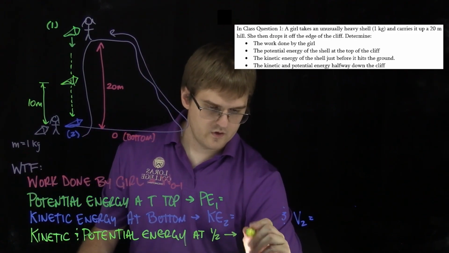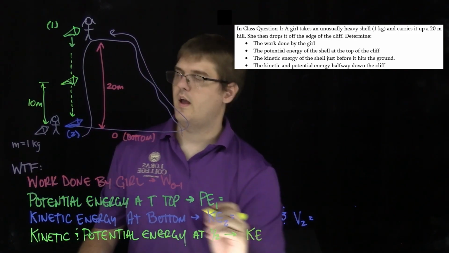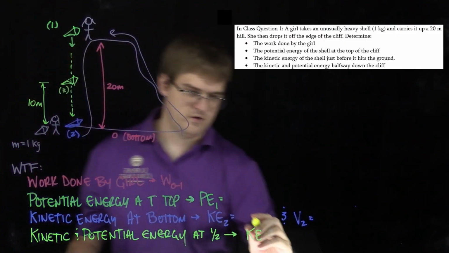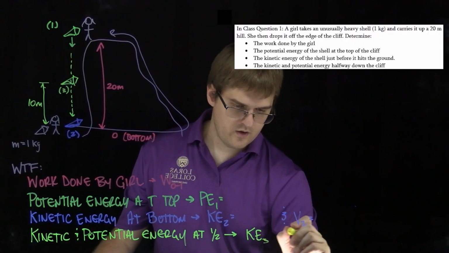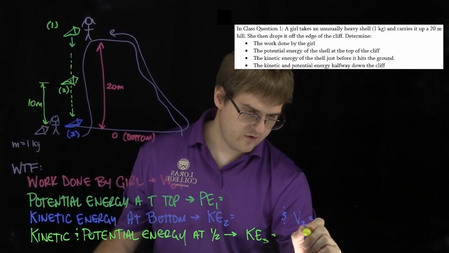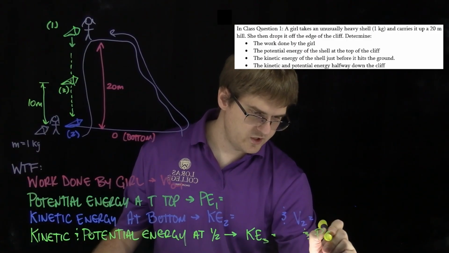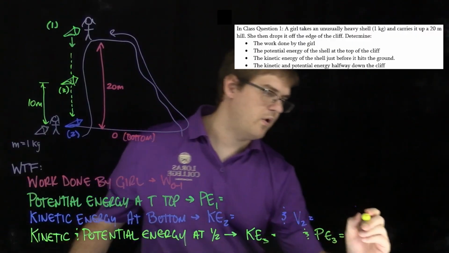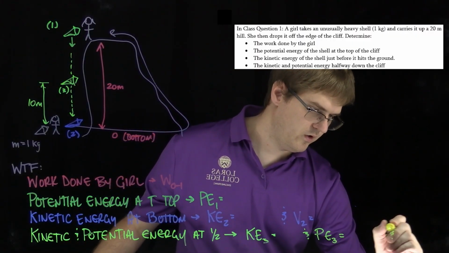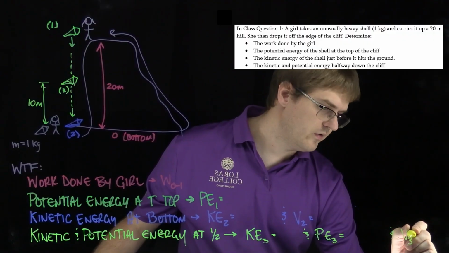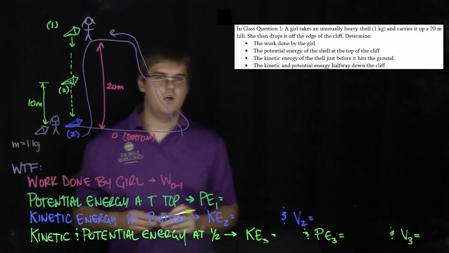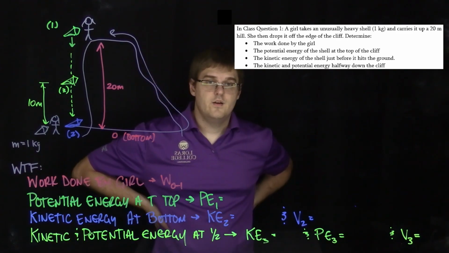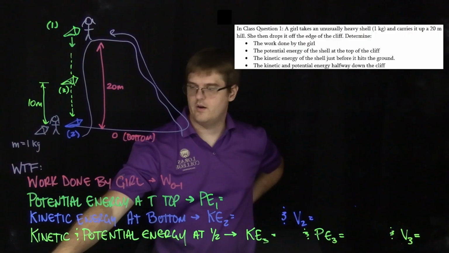So we have kinetic energy, and I will go ahead and call this guy time 3. Kinetic energy at 3. And we have potential energy at 3. And the last thing that I want is I'm also going to ask for the velocity at 3. I'm going to find all of those different pieces. That's a lot. Let's get started.